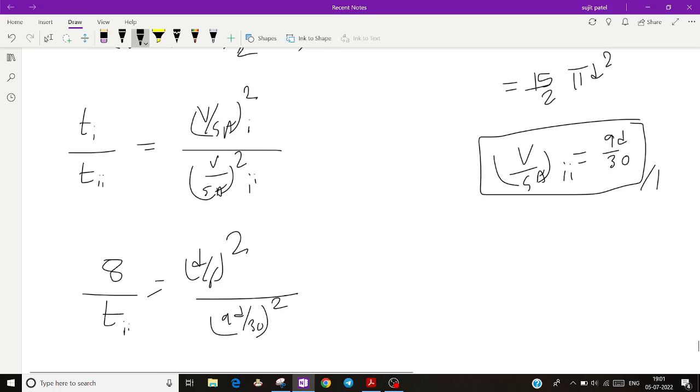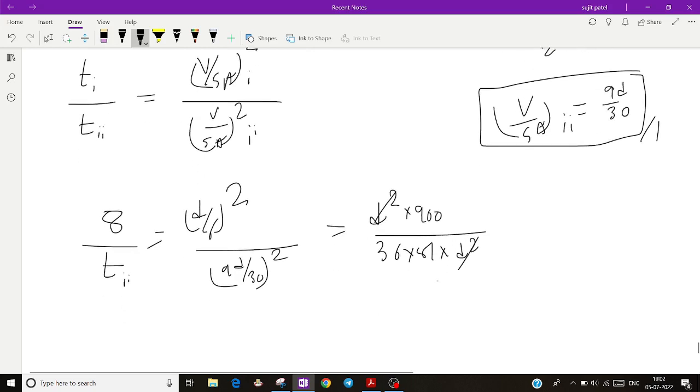We have to find the second. When you simplify this, you will get d square multiplied by 900 divided by 36 multiplied by 81 multiplied by d square. So d square will cancel out, and you will get the solidification time for the second cylinder as 25.92, approximately 26 minutes. So the solidification time for the second cylinder is 26 minutes.